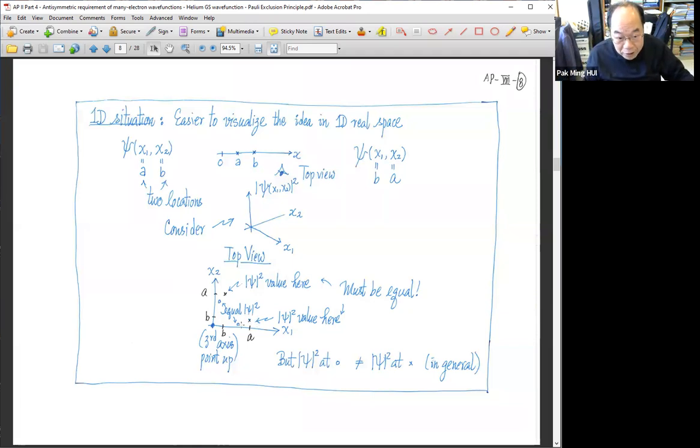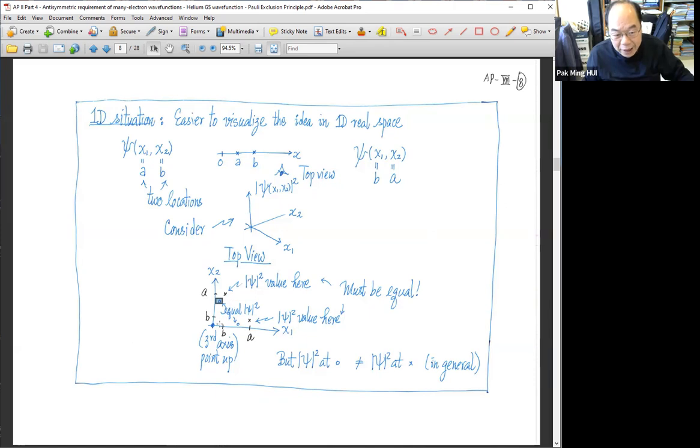Another example is written here as the circle. So this is another x1, x2, you switch it, it corresponds to this place. The two values of this phi squared should be the same. But no one says the value here equals the value there. That's not the case. There's no rule about this, okay?